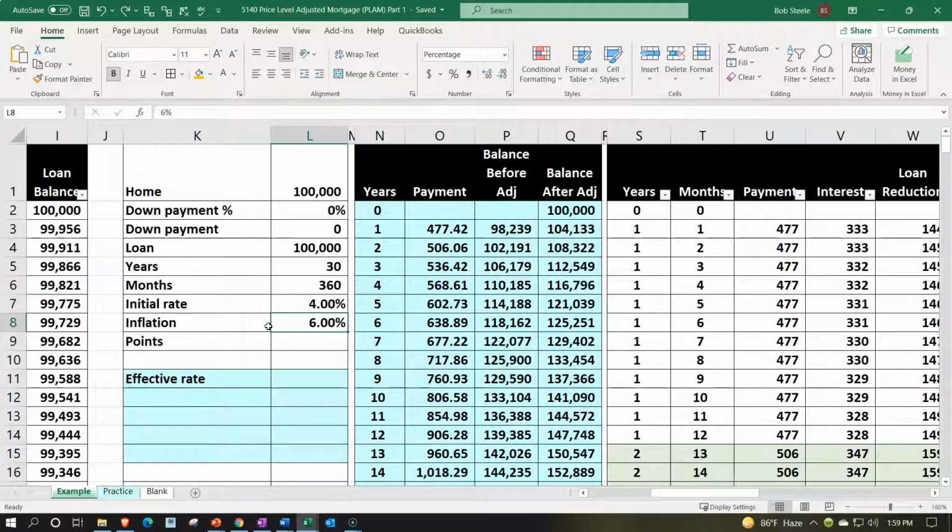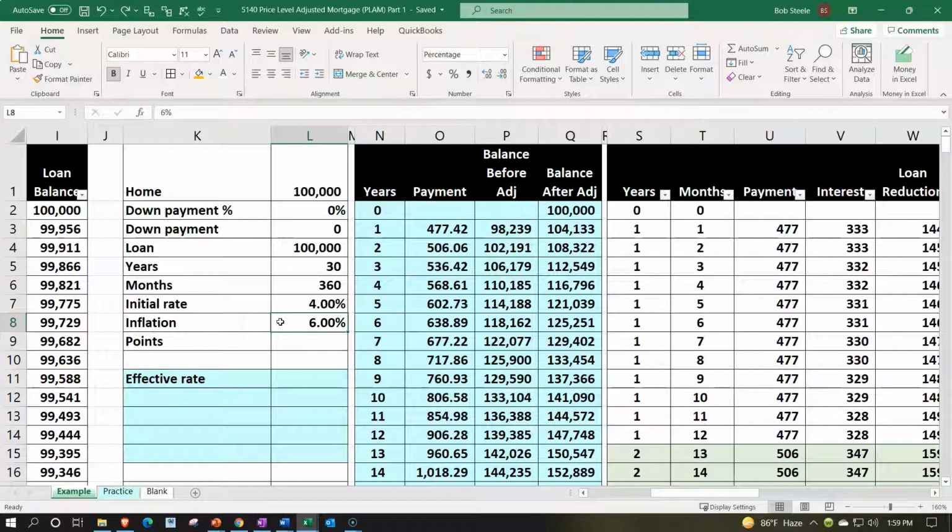In our practice problem, we assumed a rate of 6% inflation over the life of the entire loan, which again is not what would actually happen per se, because the inflation could go up, it could go down. We might make estimates where the inflation is the same for a few years and then goes up or down.